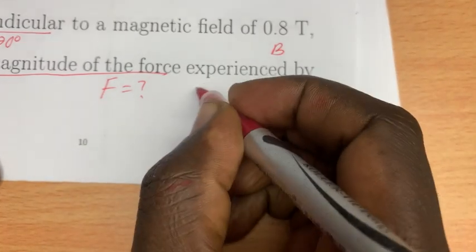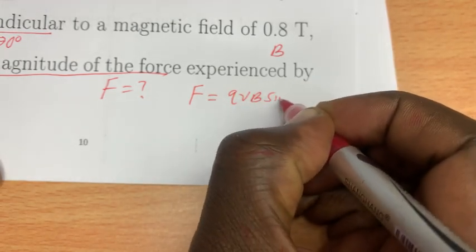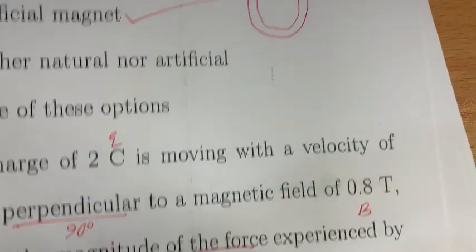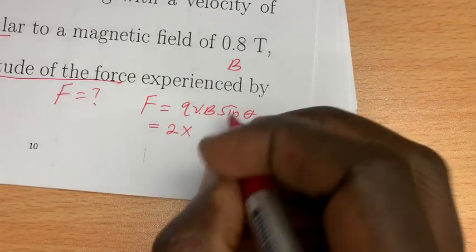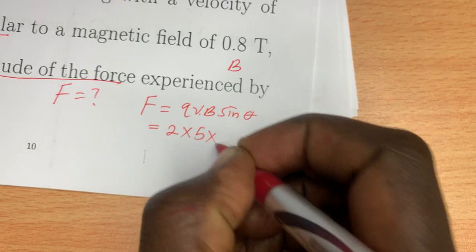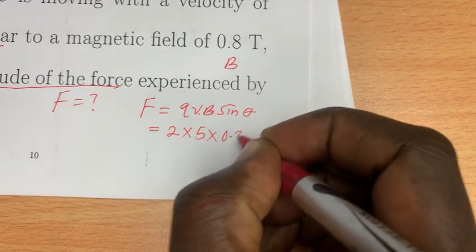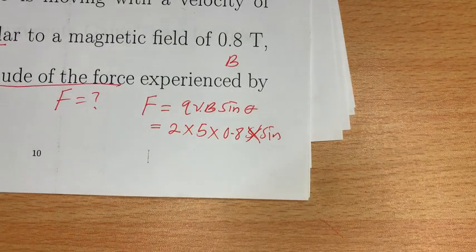So as quickly as possible, we just say F is equal to QVB sine theta, and this is equal to our Q, 2 coulomb. Our V is 5 meters per second. Our B is 0.8, and then multiplied by sine what?